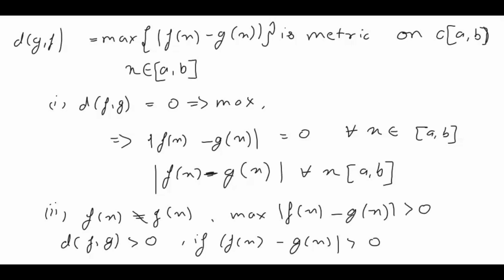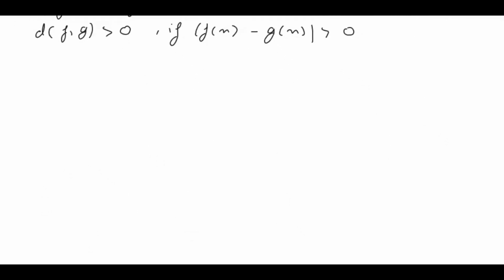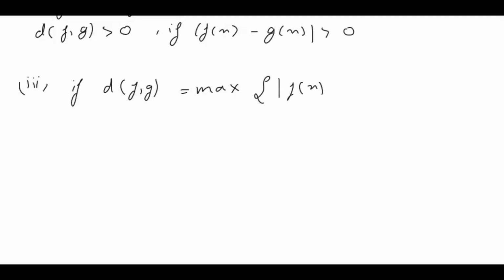Now moving further, the third part says if d(f, g) is equal to the max such that |f(x) - g(x)|, x belongs to [a, b].